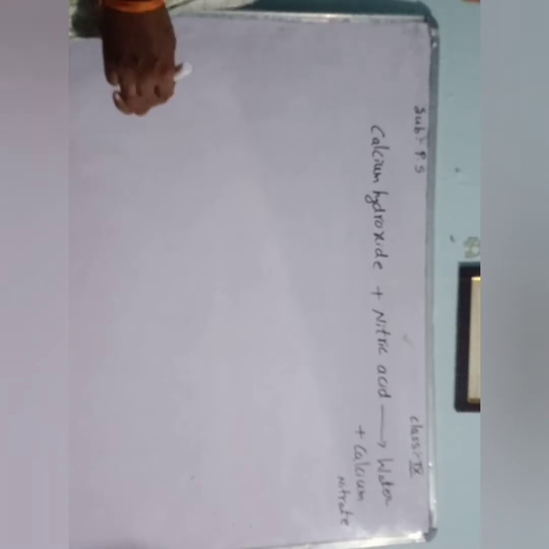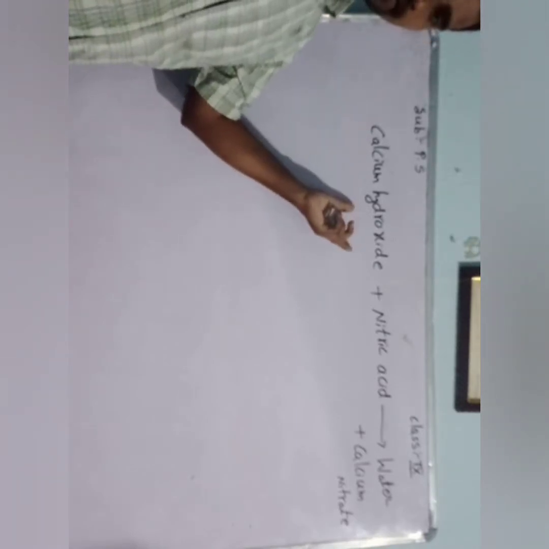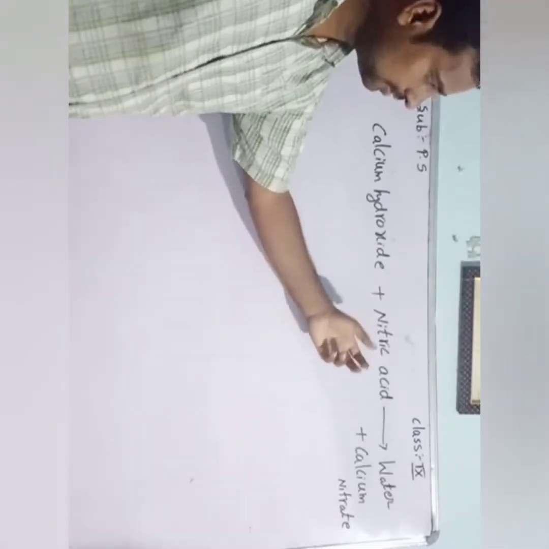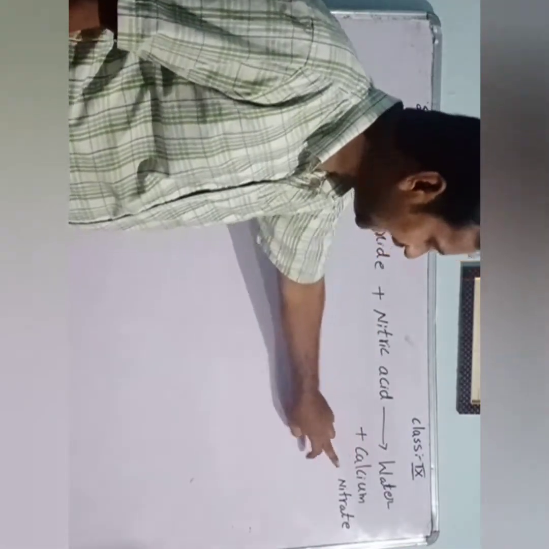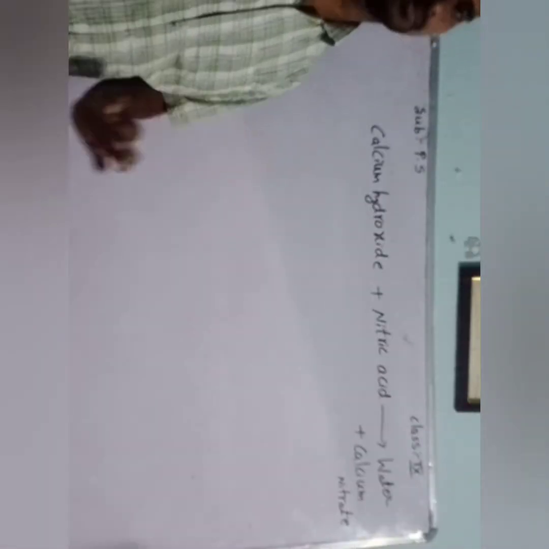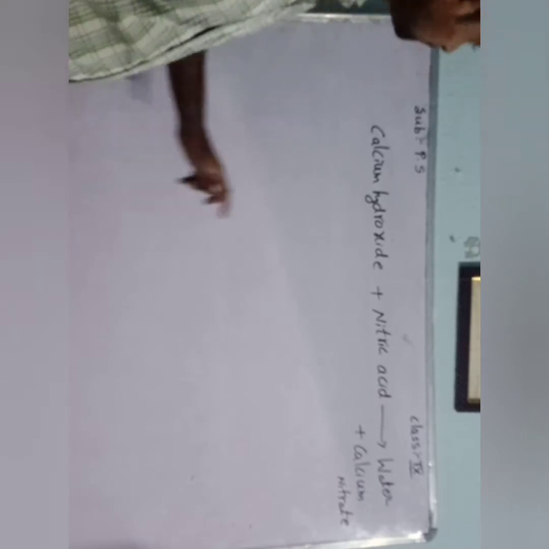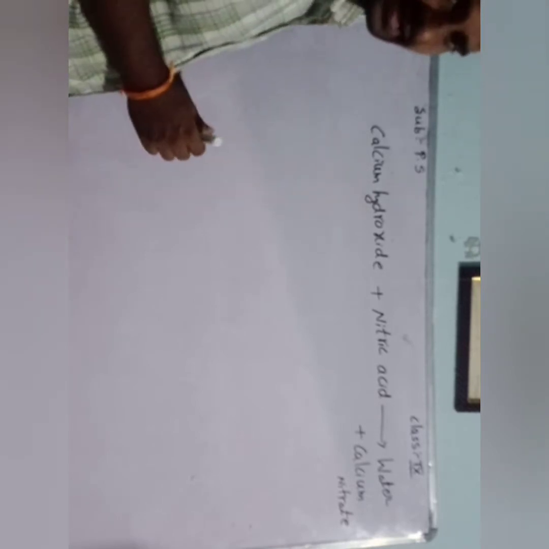Okay students, now the next equation is calcium hydroxide, nitric acid, water and calcium nitrate. Here also some compounds are given. Now write the formulas first. First one, calcium hydroxide.